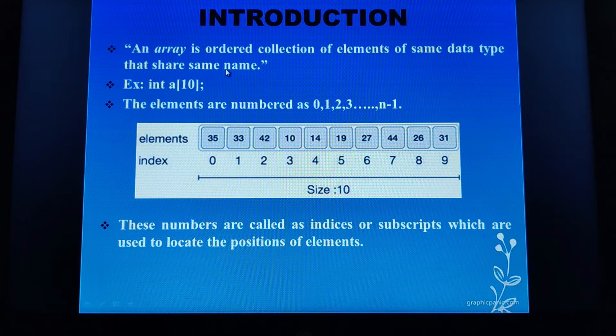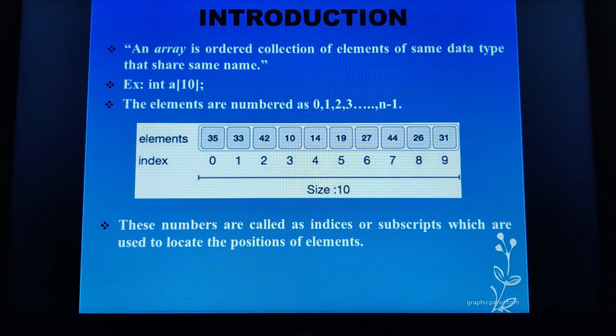Sharing the same name means all are grouped under the same name. The name we have given here is A. So, I can refer to this as an array. 35, 33, 42, 10, 14, all these elements are being stored under the array known as A.